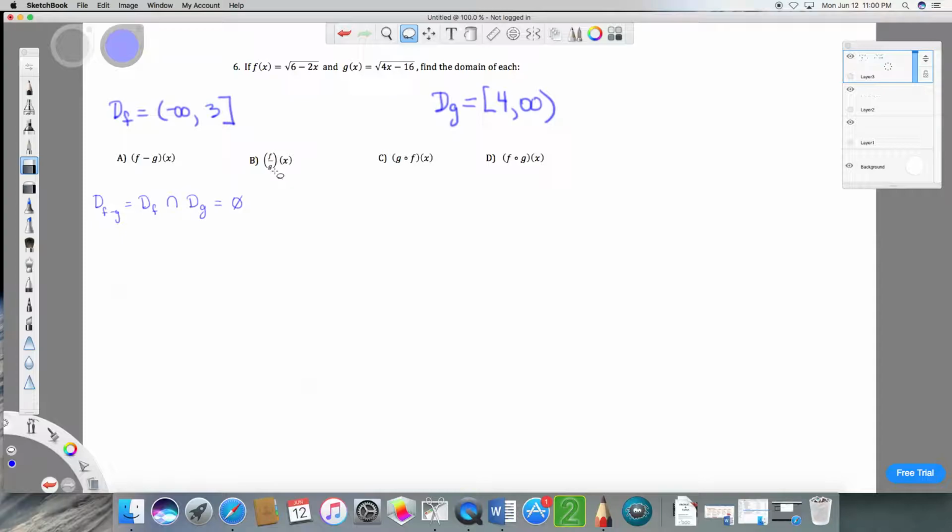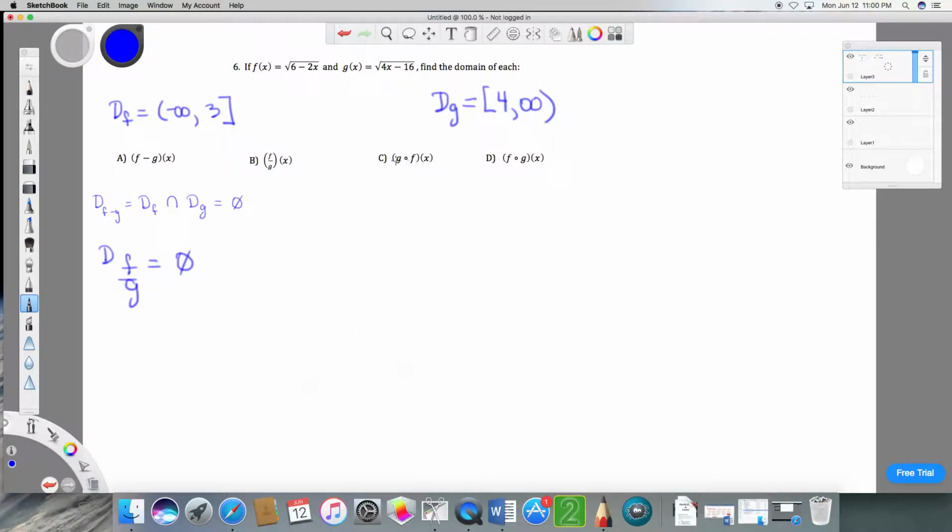So the domain of f over g is also the empty set because there's no way that we can add any restrictions to this. There are no values in there. So the domain for f divided by g is also the empty set.